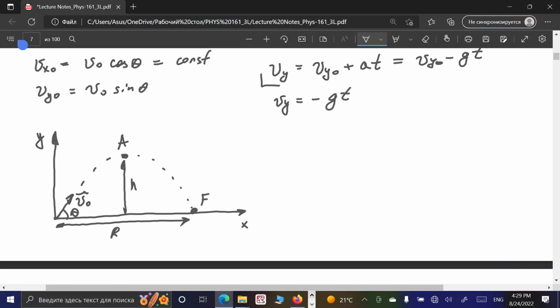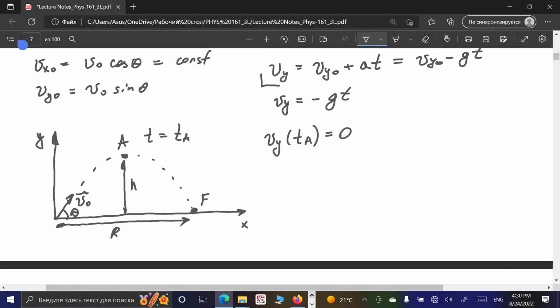Let's start from h. We know that at point A, let us say that the time when this projectile reaches point A will be equal to TA. So in time TA, the projectile will reach its maximum height. Then we know that Vy at TA will be equal to 0.